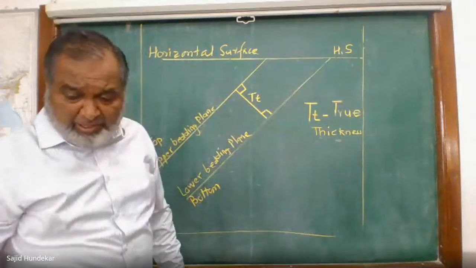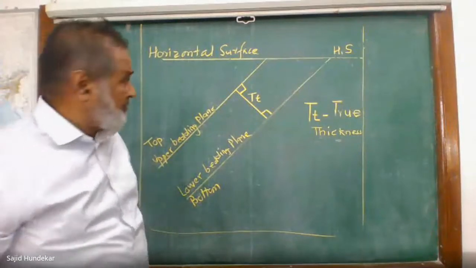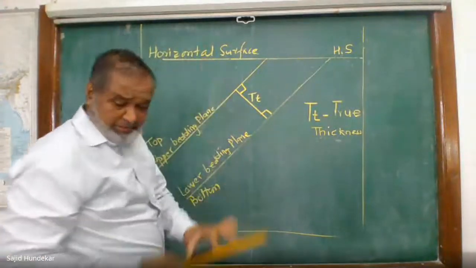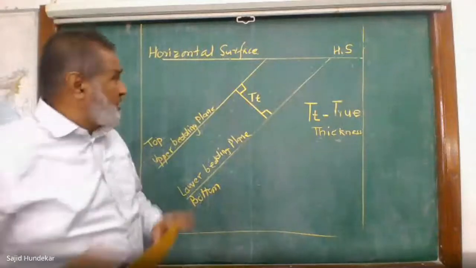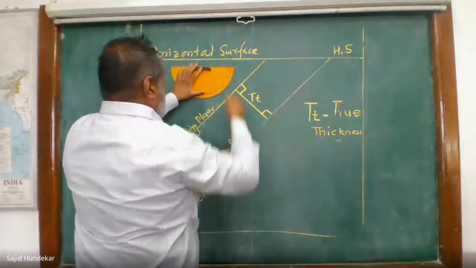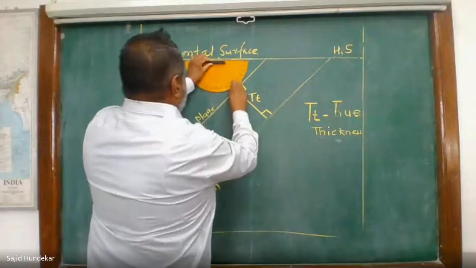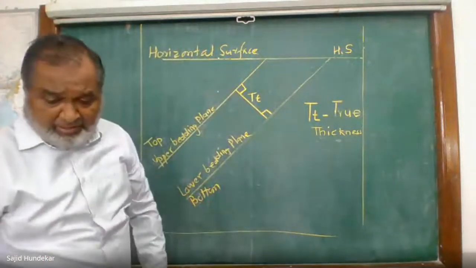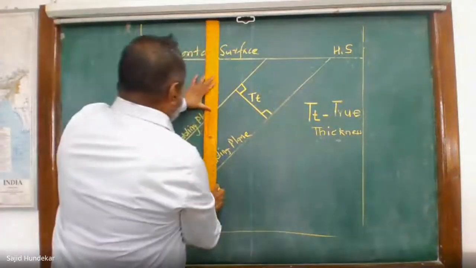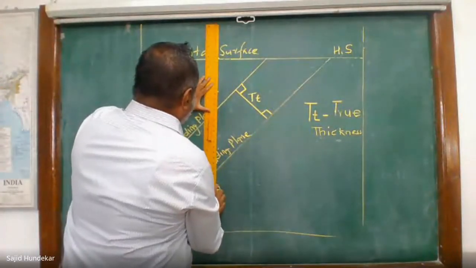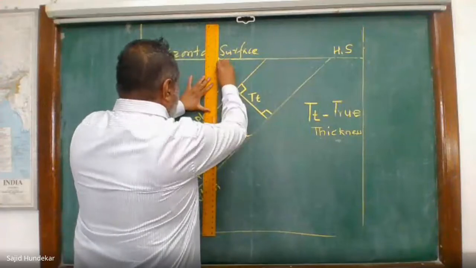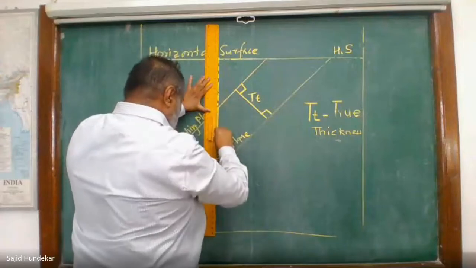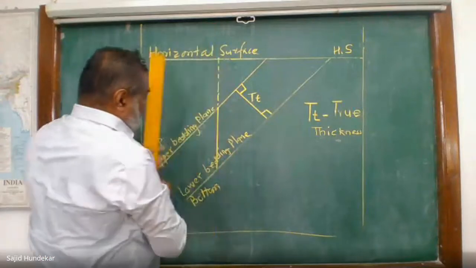Now the next one: if you take a perpendicular distance to the surface, say from here, I'll take a perpendicular. So this is the point, 90 degrees. Join these two lines. So you get the perpendicular to the surface and now measure the distance between the top and bottom bedding plane.